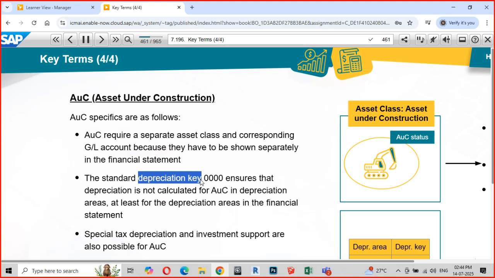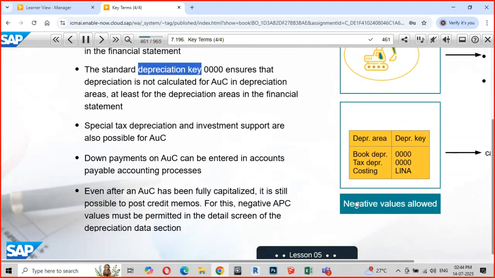What is depreciation key? Another key term in SAP asset accounting. Depreciation area, depreciation key, what they are, how they look like in SAP, all this we will discuss. Clear?